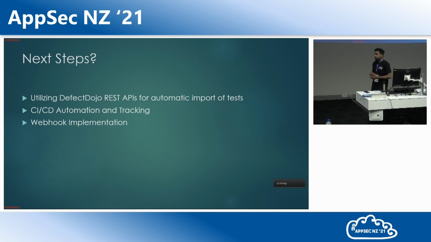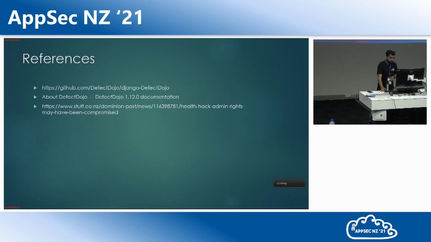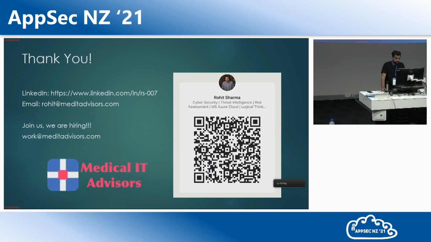We are also working on implementing DefectDojo in CI/CD pipeline, and also implementing webhook to get an alert on specific activities. Now, you can download or clone the DefectDojo repository from GitHub.